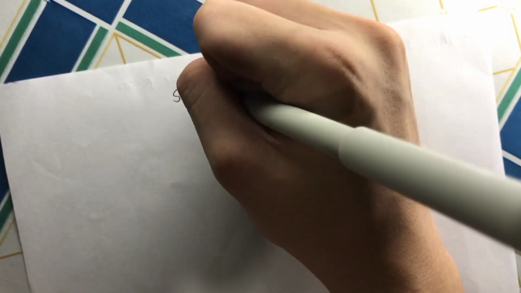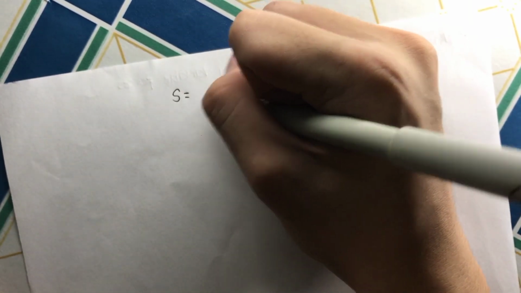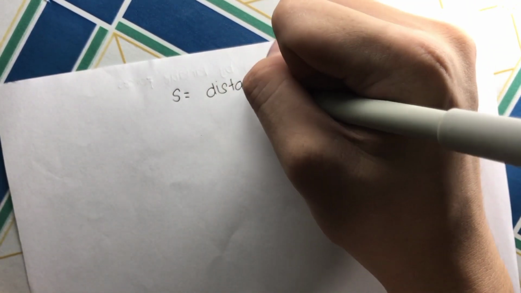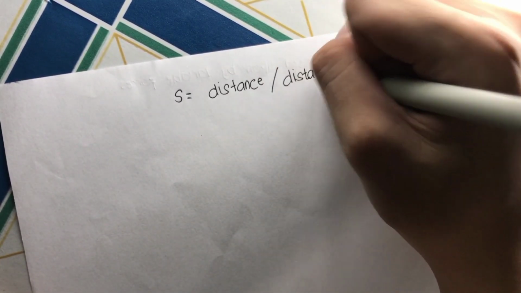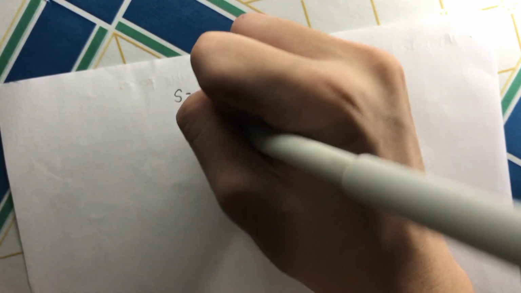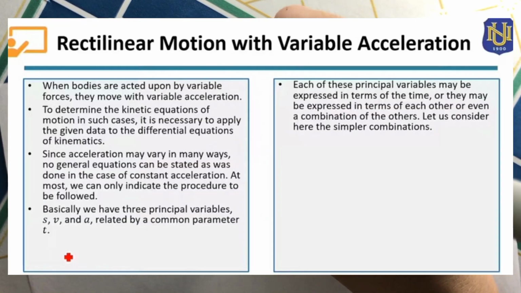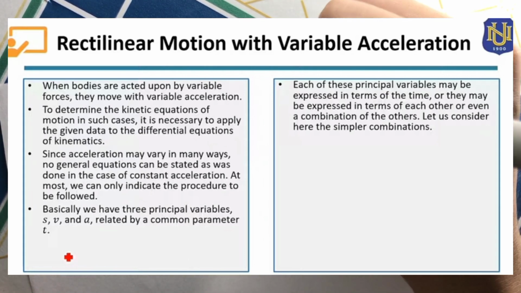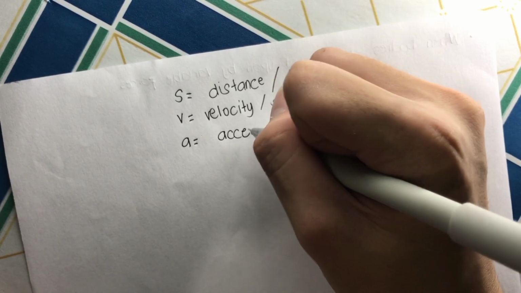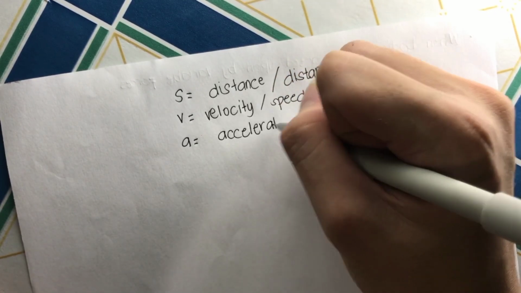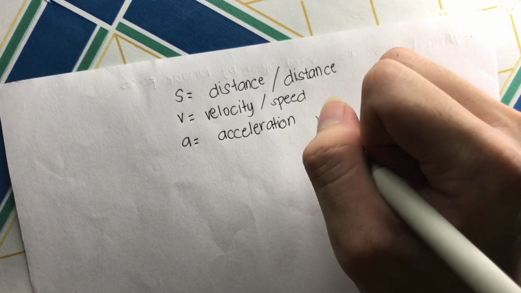S equals displacement or distance, while V equals velocity or speed, and the last one, A, equals acceleration. They are related by a common parameter t.